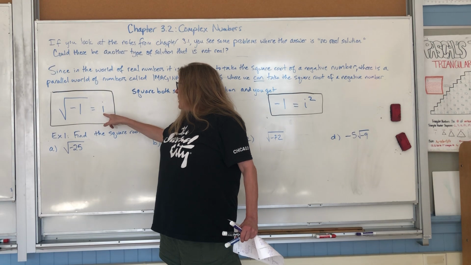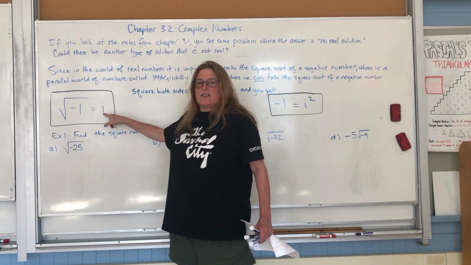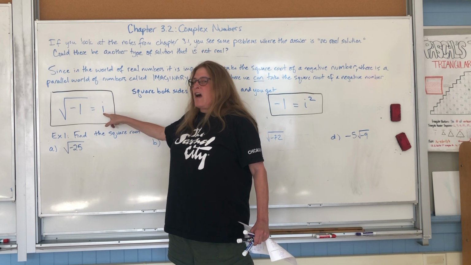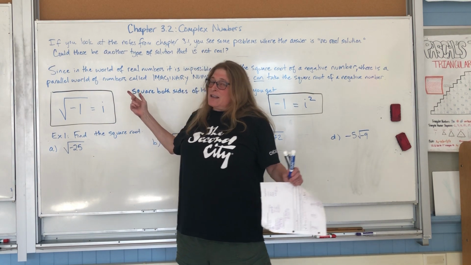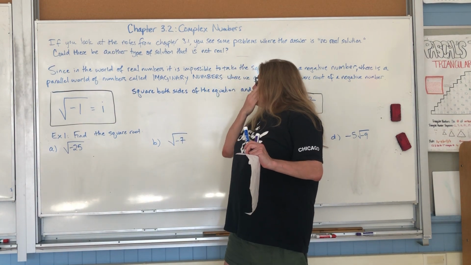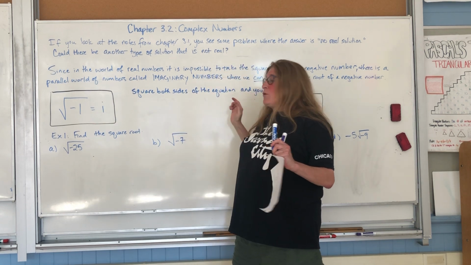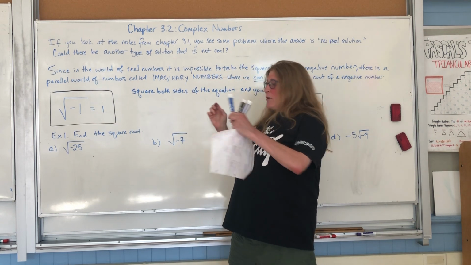So what we've done is we've created an equivalent that represents the square root of -1, and that's called i. It's nice that they called it i because i is the first letter of imaginary. Okay, so just like I said, we can do a lot of the same things in the imaginary world that we can in the real world.